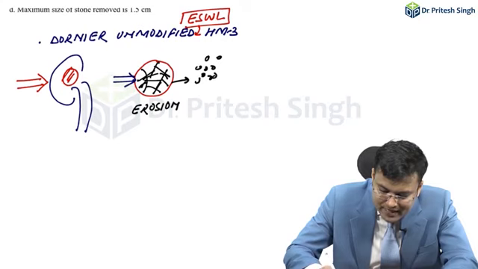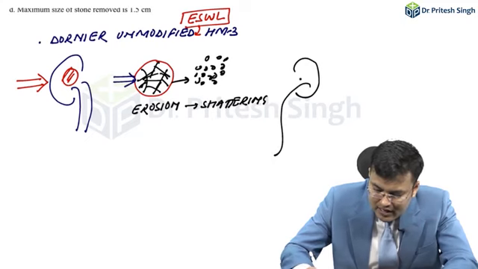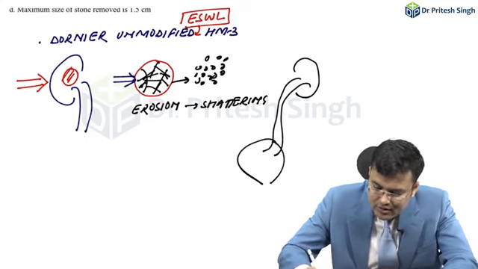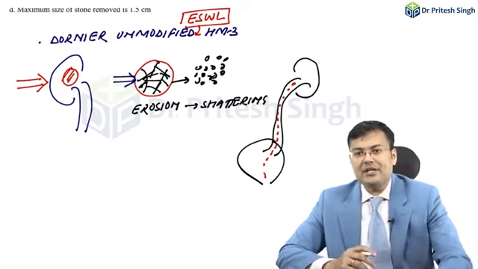So the stone is fragmented into small pieces, and after that these small pieces of stone go out via the ureter. These small fragments of stone are excreted outside via the ureter.